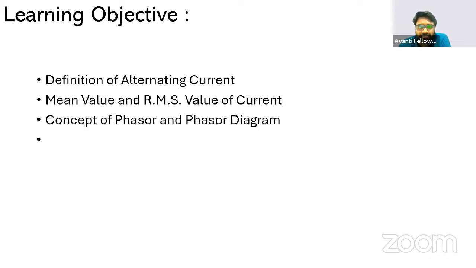First, the definition of alternating current. Then, how it differs from the regular current we studied in current electricity. Then we have to know what the mean value of it is and what the RMS value is.